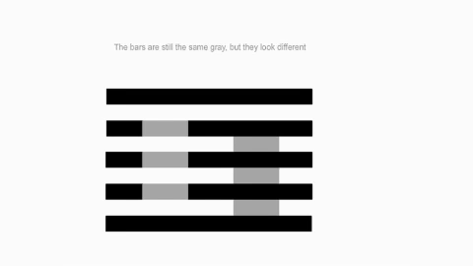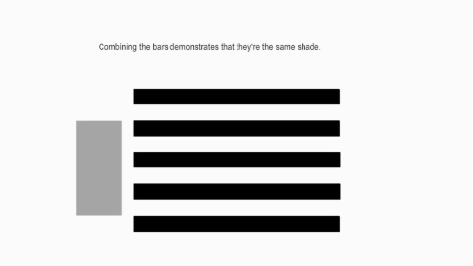Now they look radically different, right? It's the same gray constantly. But again, the context is hugely determining how bright you see that gray. There it is.